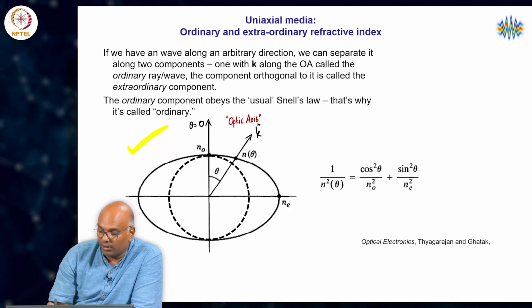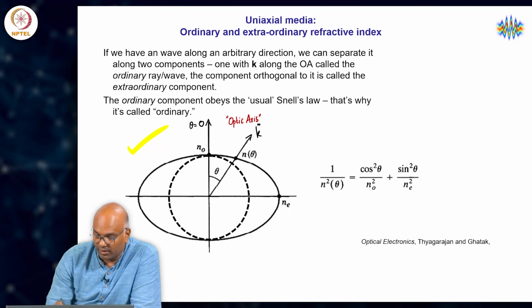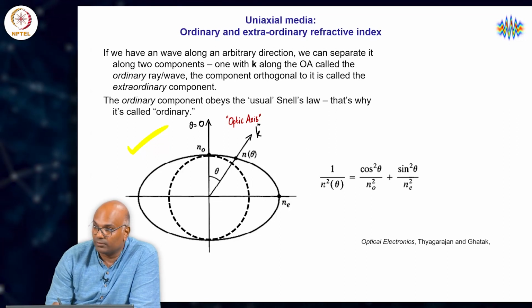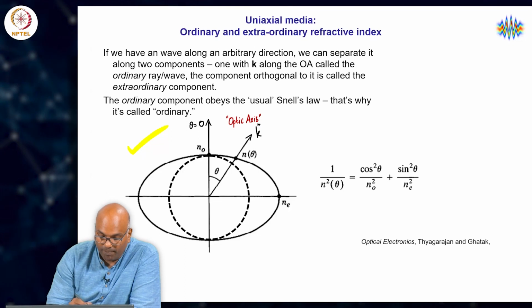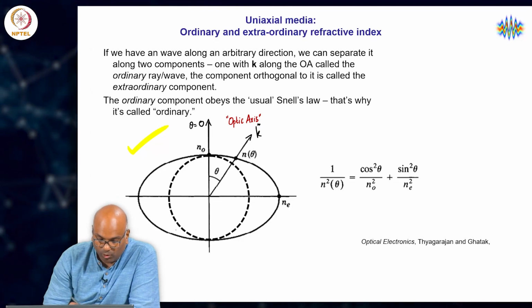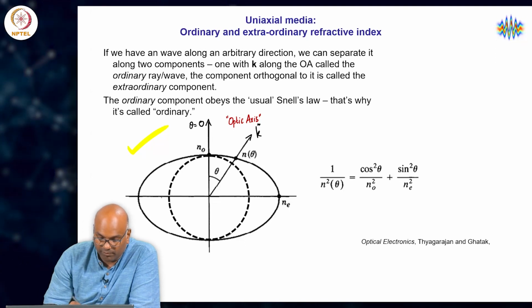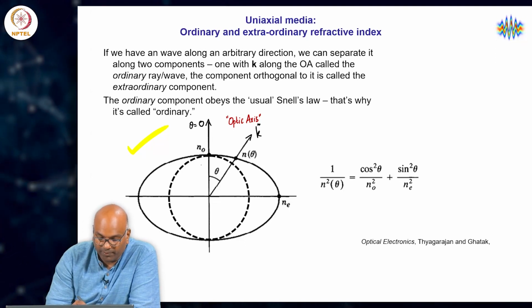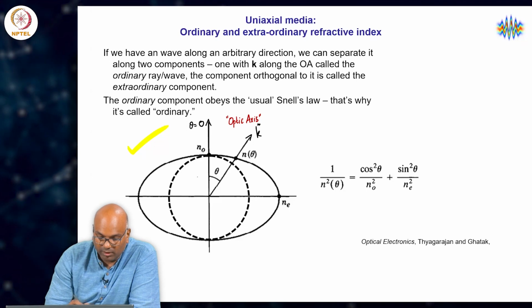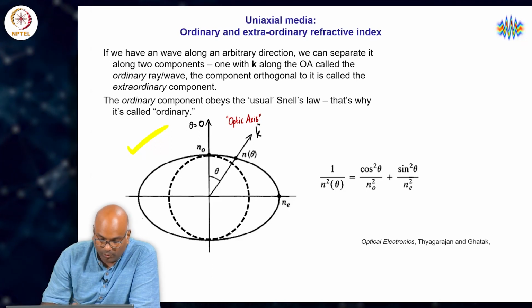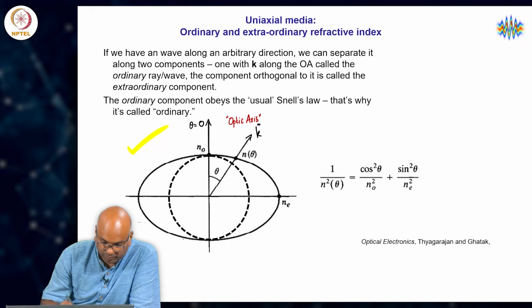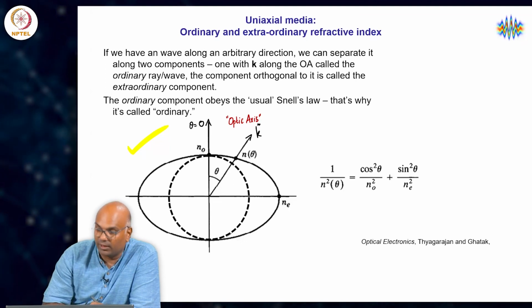So, these two determine the intercepts of the n of theta curve of this ellipse, right, whereas NO is independent of theta. We can perceive such a thing, right. N of theta is following a sort of elliptical trajectory in this space.